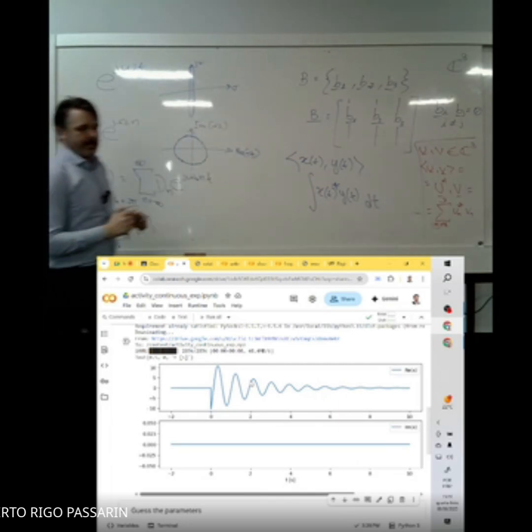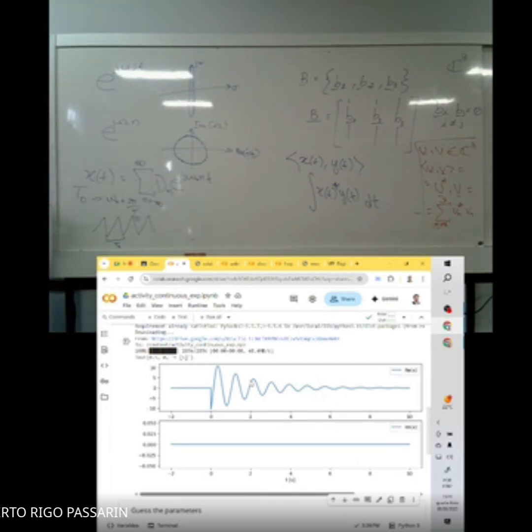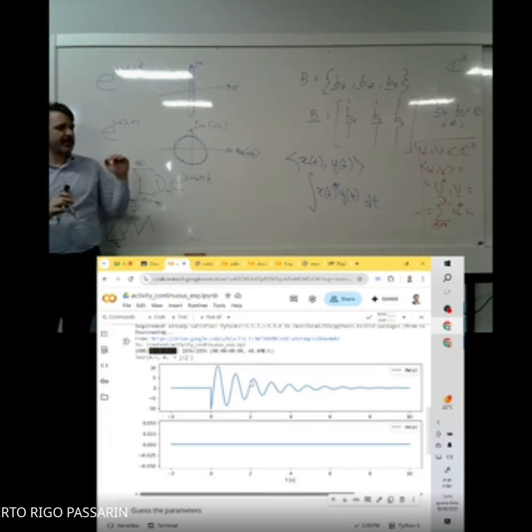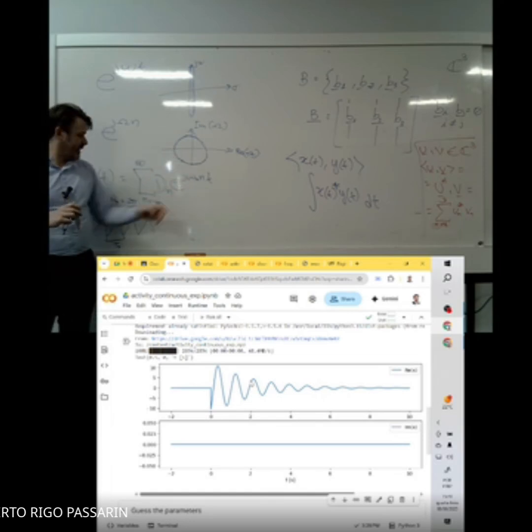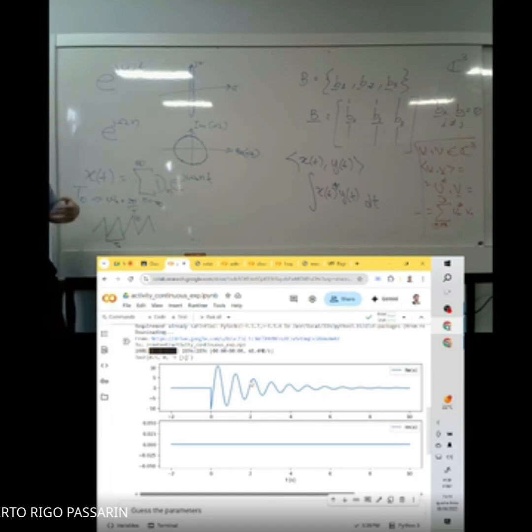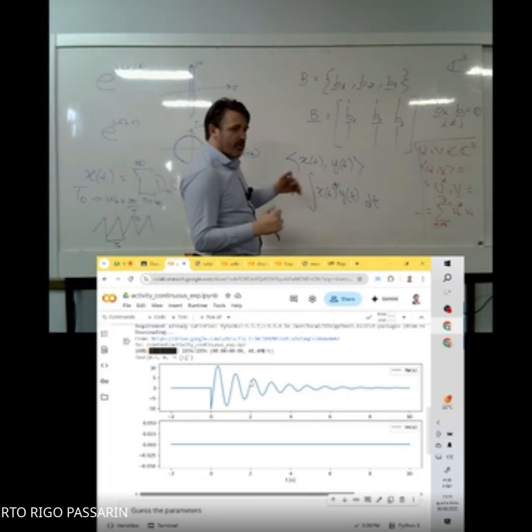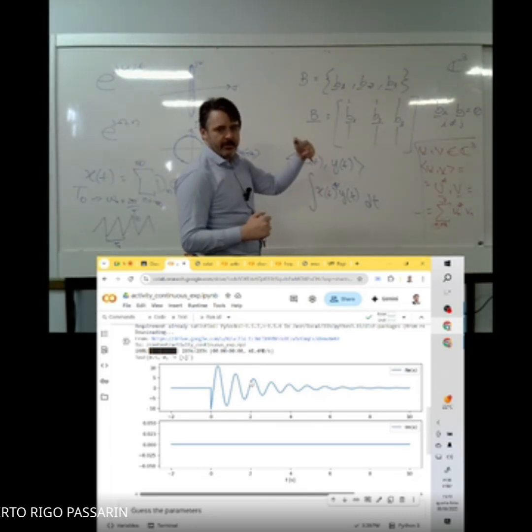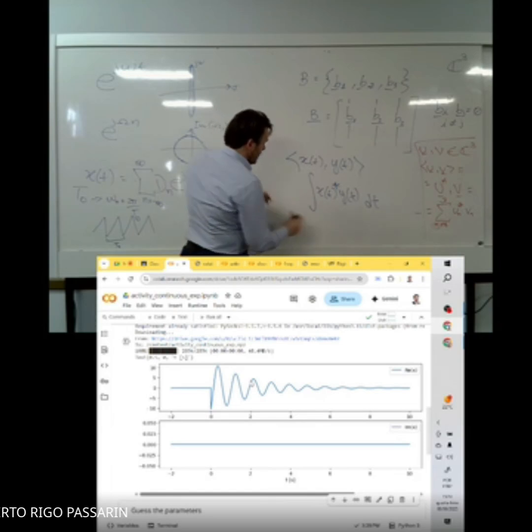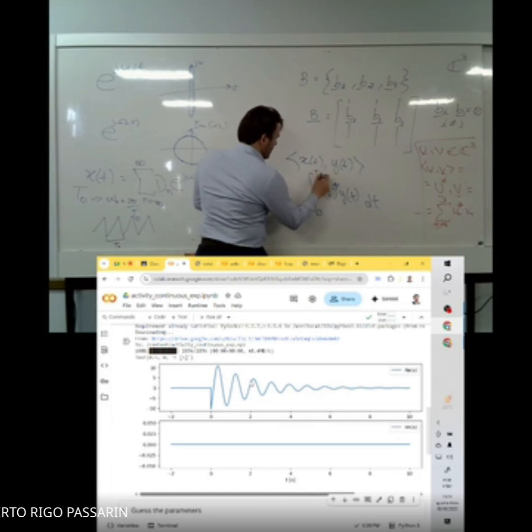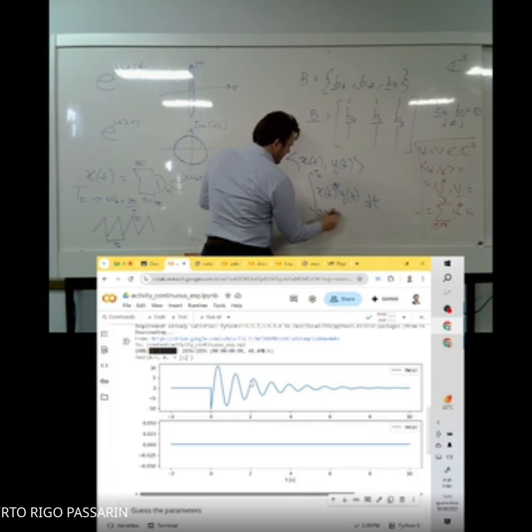Now I'm talking about the space of periodical functions with period T0. So I have to integrate across one full period. I can go from 0 to T0 or plus anything I want here, plus a.